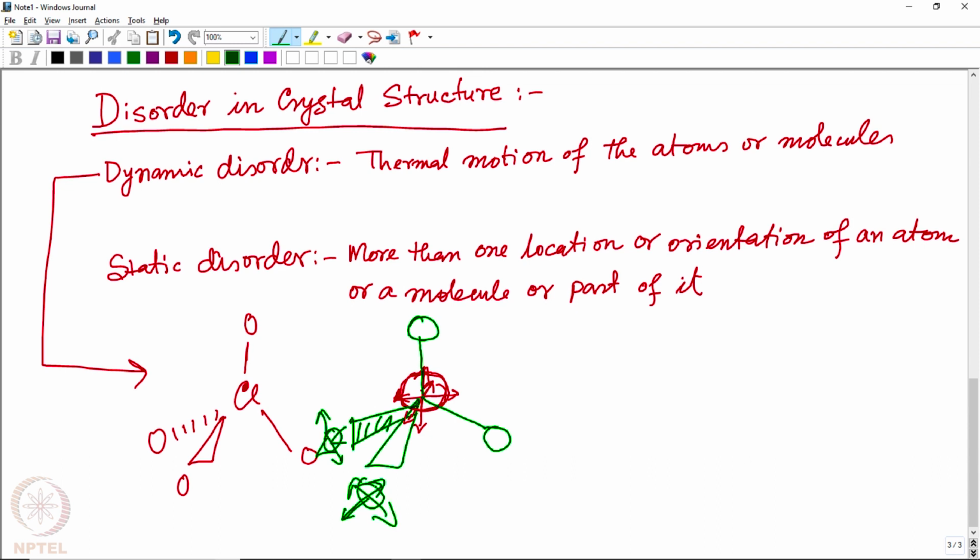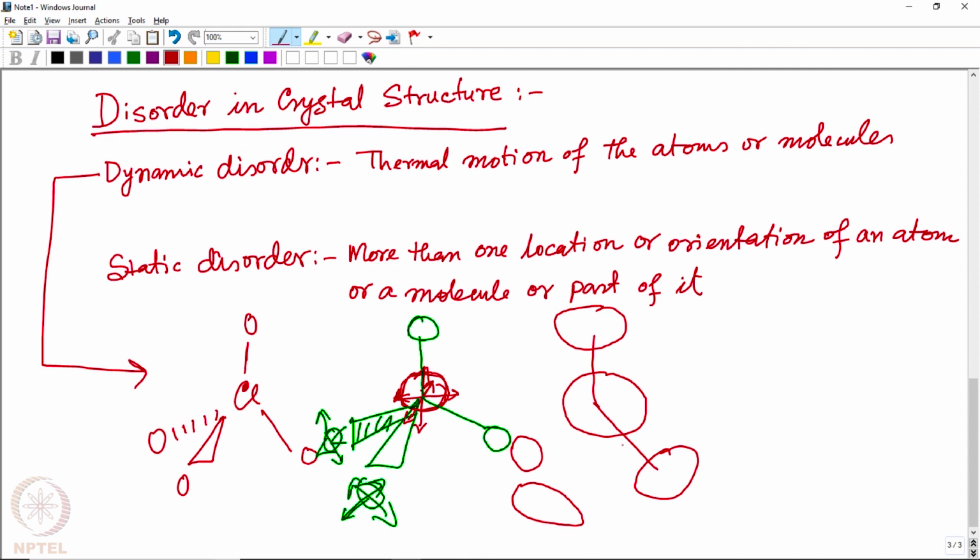So what we get is overall a picture which has a very large ellipsoid for chlorine and very large flat type ellipsoids for oxygens, which actually form a tetrahedron, but that tetrahedron is highly distorted.